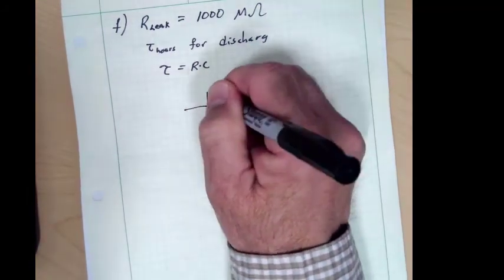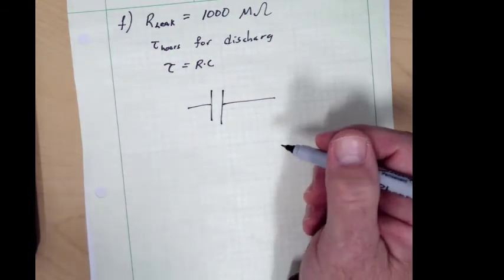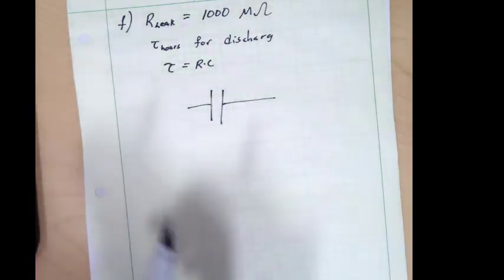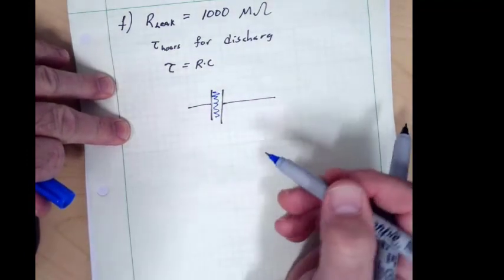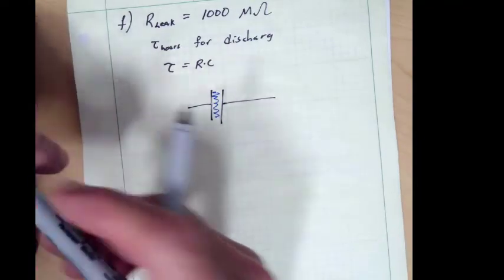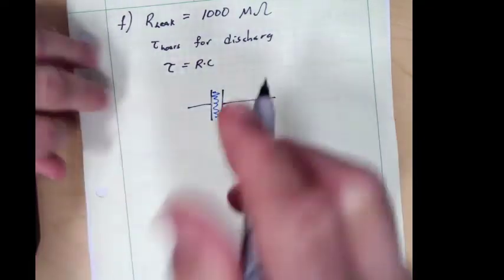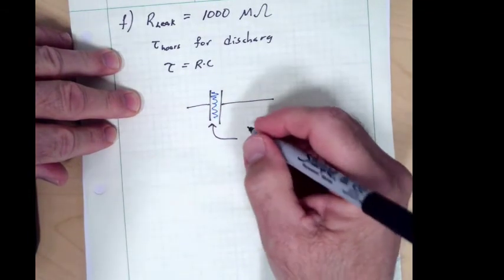So what that means is we have this parallel plate capacitor. Our assumption was that this dielectric material in between the plates had an infinite resistance. Well, it's not really infinite. The author says, let's talk about a real capacitor.